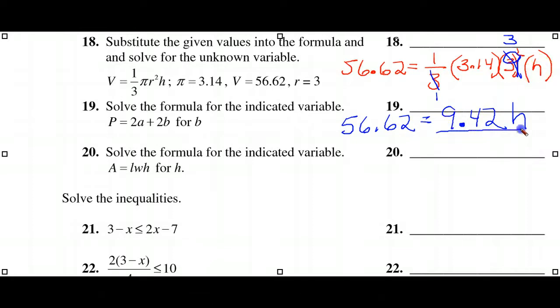So we're just going to divide both sides by 9.42. And that's what H will be. And it comes out to about 6. It's actually a long decimal after the 6, but we can round it off to 6. And that's an approximate value.